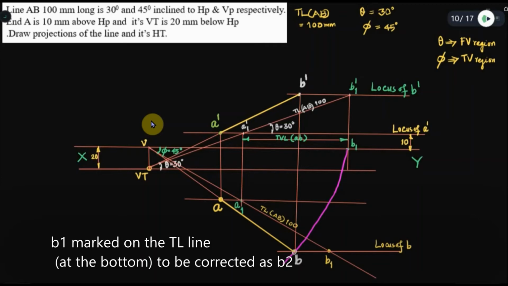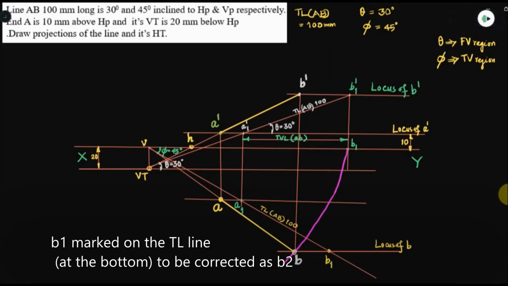Similar to that, if you look at the portion where the front view is extended backwards, from VT through A dash B dash, the point where it meets XY will be your H. So H is part of the front view extension.